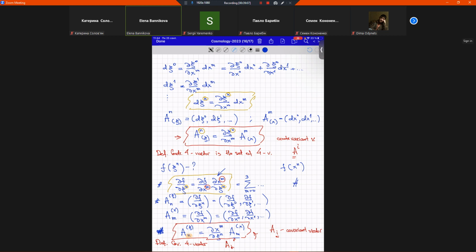Please check everything I'm writing. If you have noticed, please tell me. It is good that I wrote it the wrong way. You can see here that this M and this M are the index of summation. This low index here, and here you can see also a lower index.